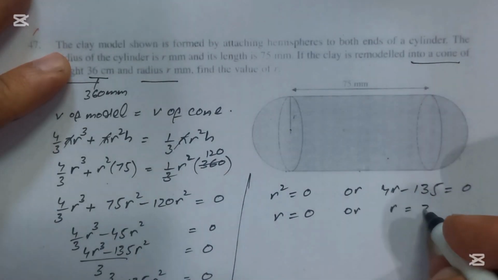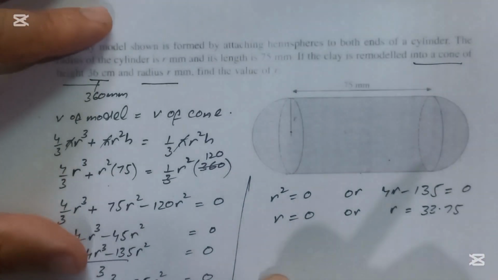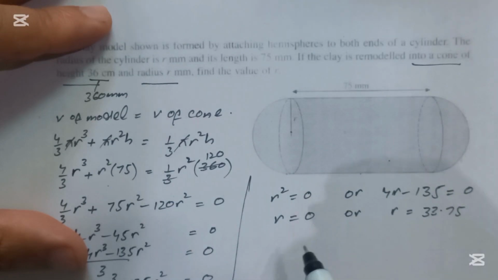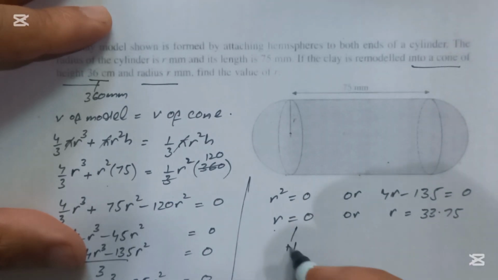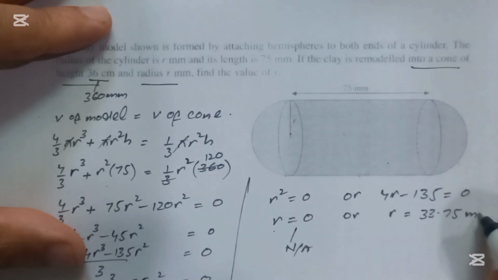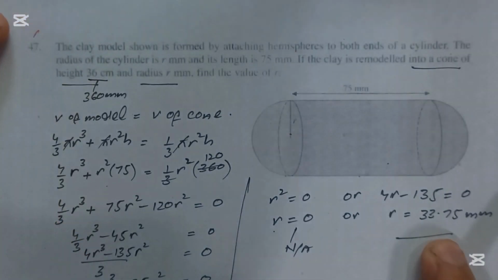That will be equal to 33.75. Because this is the value of the r of the cone, definitely r cannot be equal to 0, so this is not applicable. So this is acceptable. This is the answer of the radius of the cone.